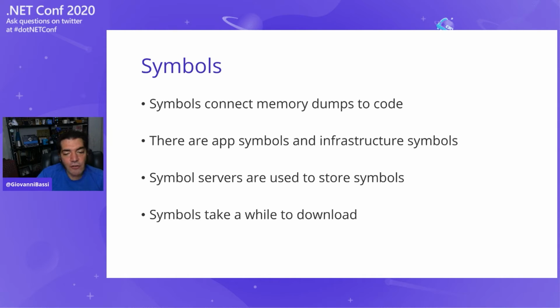You can have application symbols and infrastructure symbols, which is what I'm calling the Windows symbols for Windows APIs and the .NET libraries. And you also have your application symbols.